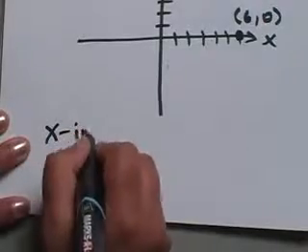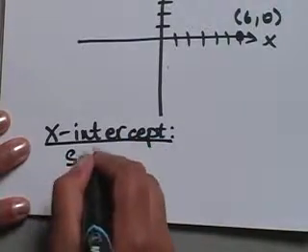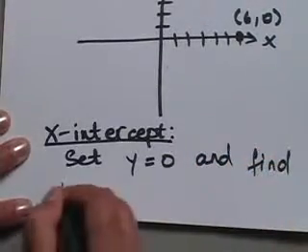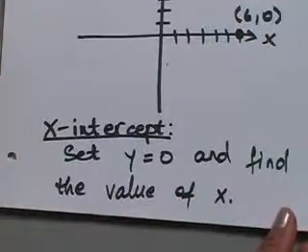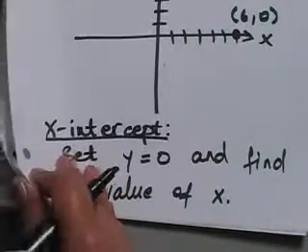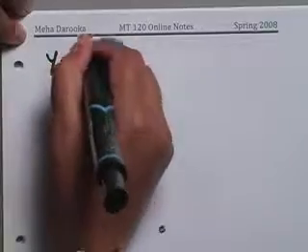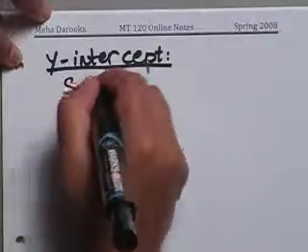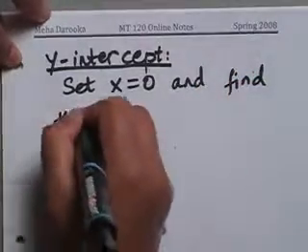For your x-intercept, you set y equal to 0 and find the value of x, and for your y-intercept, you set x equal to 0 and find the value of y.